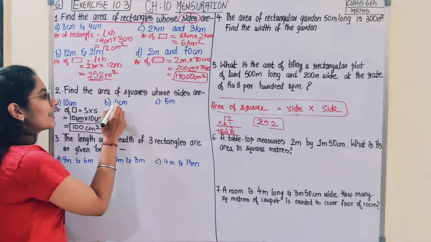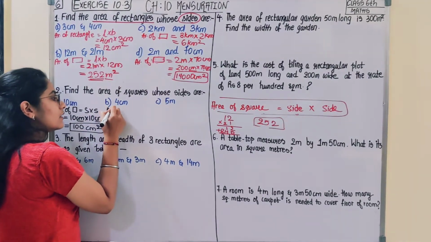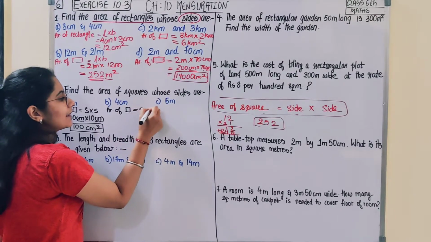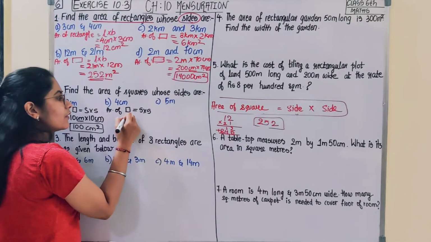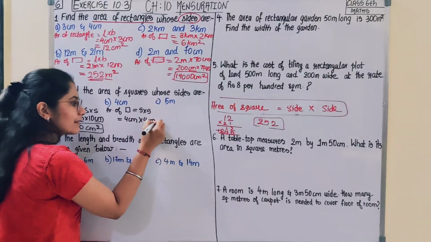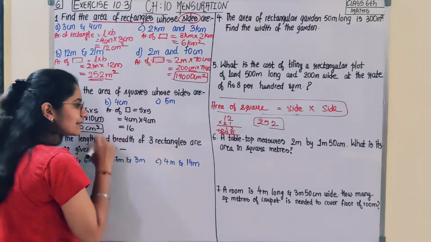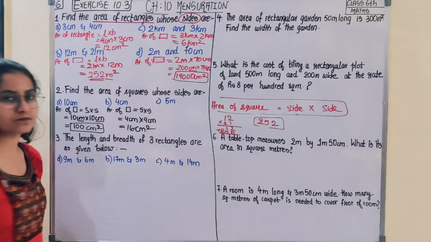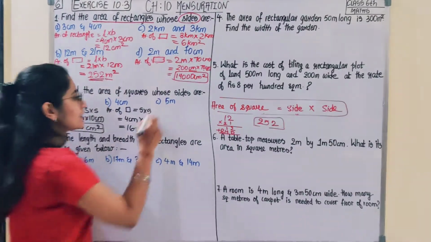Again, area of square with side 4 centimeter. So area of square is equal to side into side, that is 4 centimeter into 4 centimeter. So 4 4s are 16. Centimeter into centimeter, centimeter square. Okay, next.